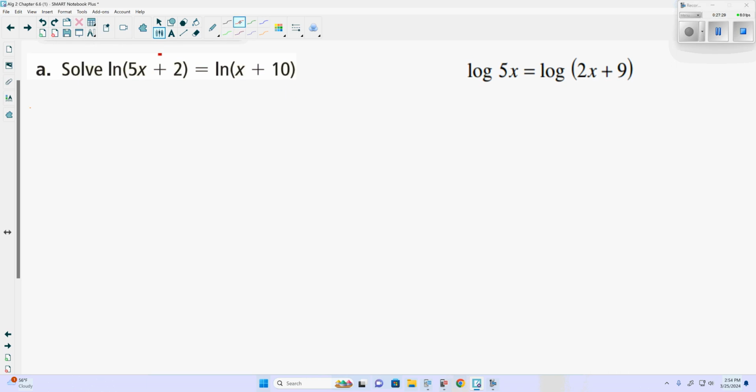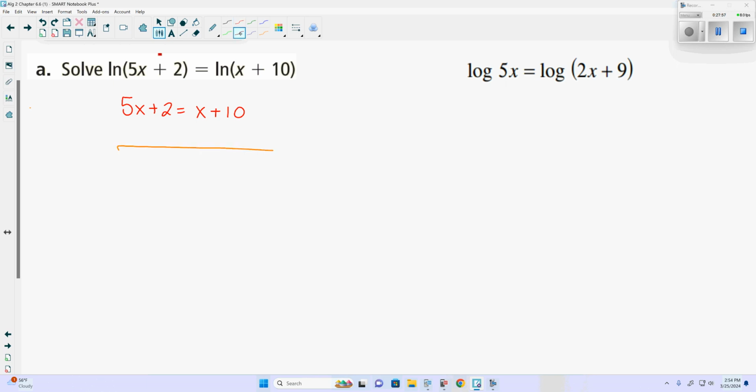Let's look at this one here. We want to solve the natural log of 5x plus 2 is equal to the natural log of x plus 10. What would we do first? 5x plus 2 is equal to x plus 10. So since the logs are the same, we can set what's inside of them equal.